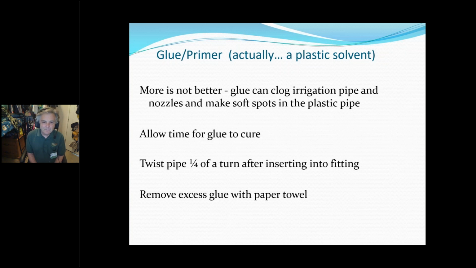In fact, if you use too much glue, it'll get shot through your system and clog up your sprinklers. So typically when you're installing a new system, you don't put the sprinkler heads on right away. You install all your piping and your risers, and then you flush the system out by turning the water on.